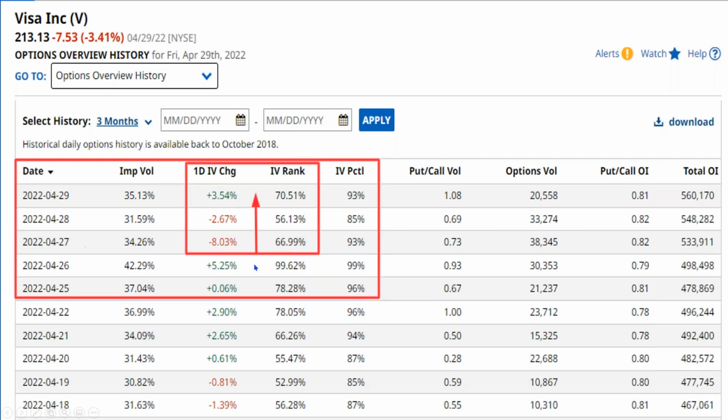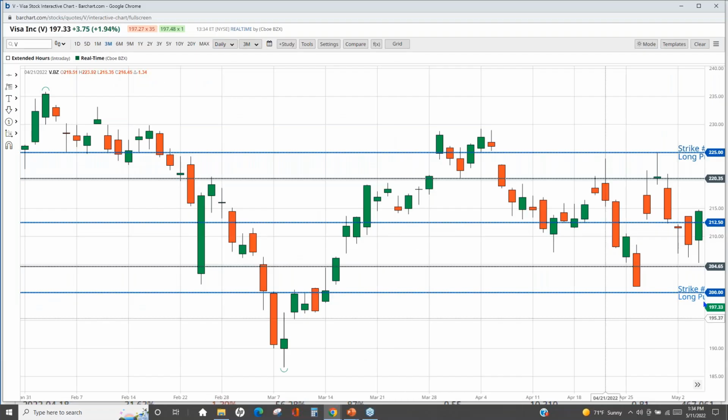You can see that implied volatility for the next couple of days did fall. Our rank and our percentile did fall. And the date that I put the trade on, or hypothetically put the trade on, was the 29th, and that was this date here.